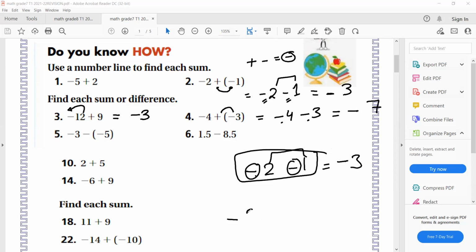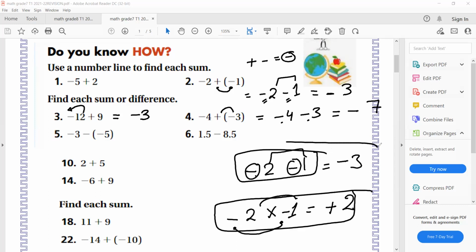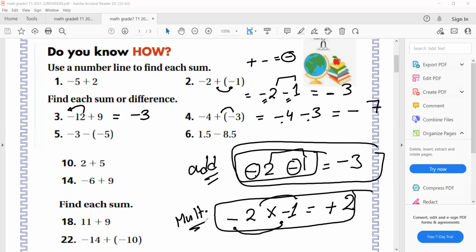But if I have -2 multiplying -1, it's another thing. Negative multiplying negative will be positive. 2 multiplying 1 will be 2. This is multiply, my dear. This is add, my dear. You must differ between add, multiply, and subtract. This is add, -2 -1, add.